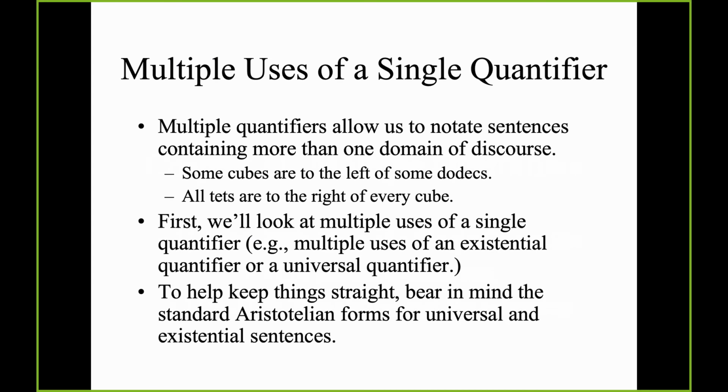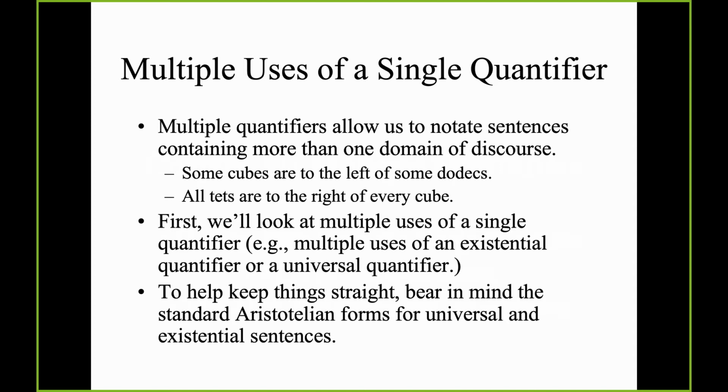So what we want to do, and this can get really confusing and complicated, but don't stress over that, is to express the logical structure of multiply quantified sentences without losing what the sentence actually means in ordinary English.